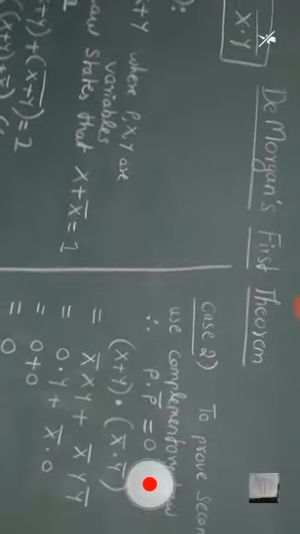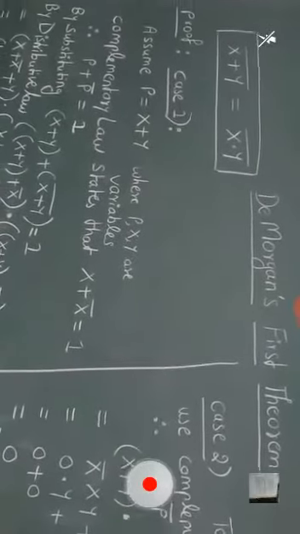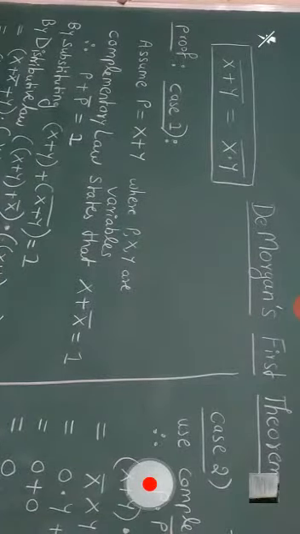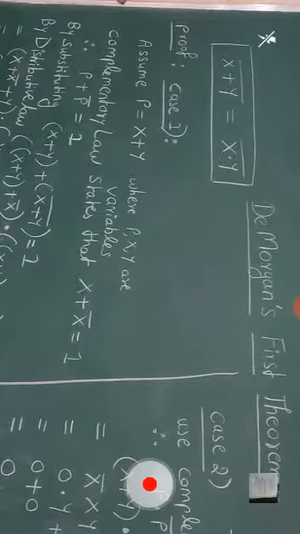You can see here students, De Morgan's first theorem. It states that (x plus y) whole bar is equal to x bar dot y bar.